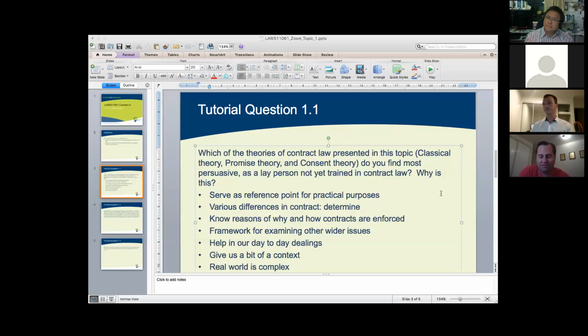So consent theory tries to identify rights and the transfer of those rights between parties, as opposed to a promise per se. I think the benefit is that when you're trying to determine the intention of two parties, it's easier to assess what rights they were planning to give up or not.